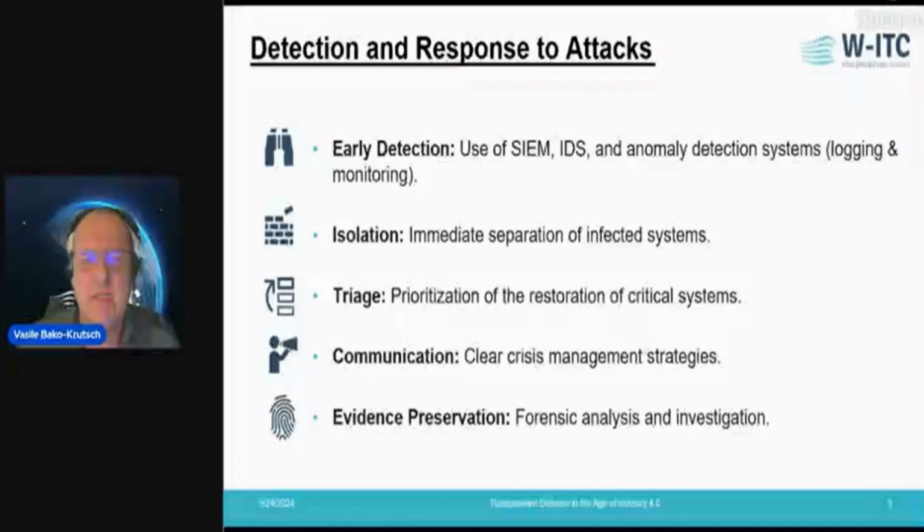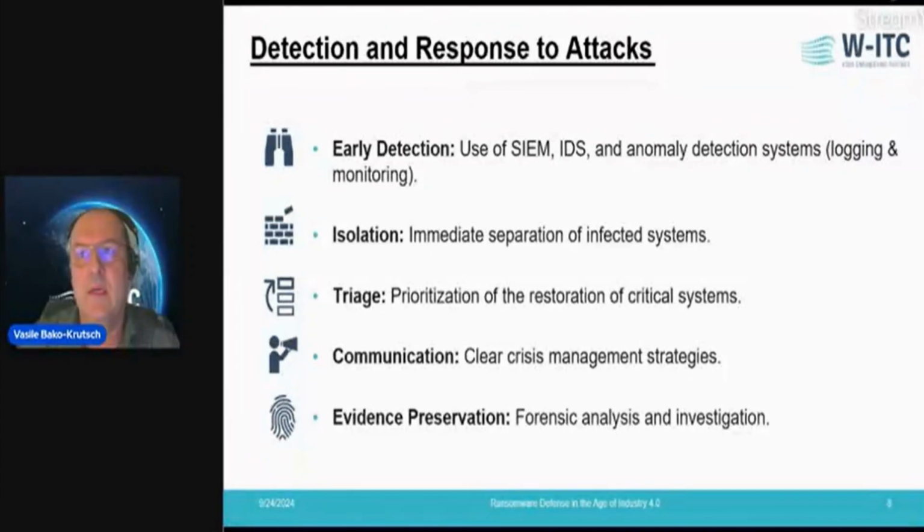So you could start with restoring systems essential to business operations, such as production systems or financial databases, in the very first place. And organizations should also establish clear criteria for prioritizing the recovery of the systems and the data which was affected.